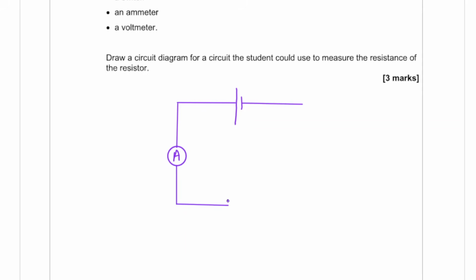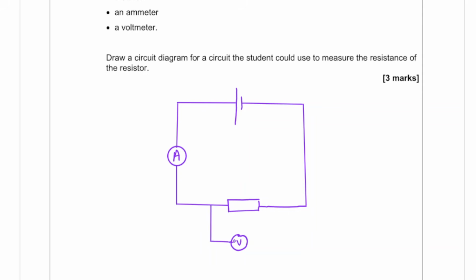And then the fixed resistor. To the fixed resistor, we are going to draw the voltmeter, which is going to be connected in parallel.